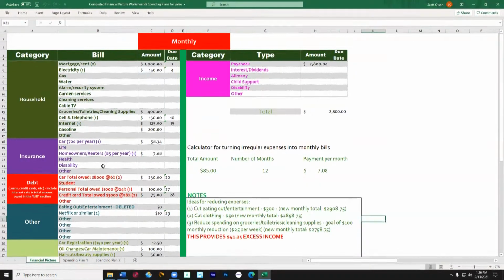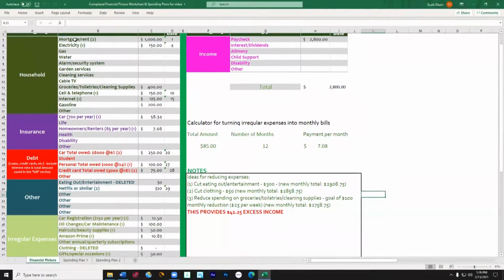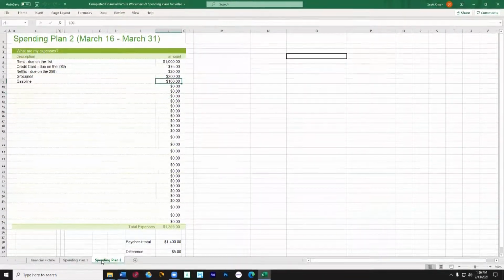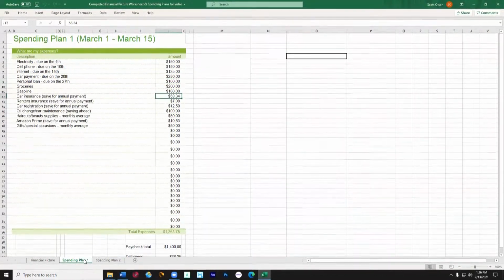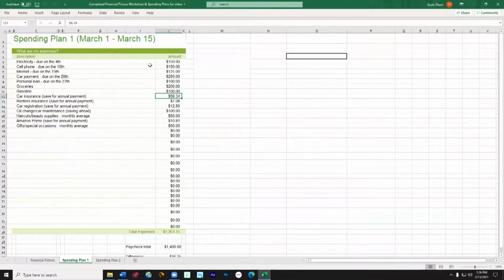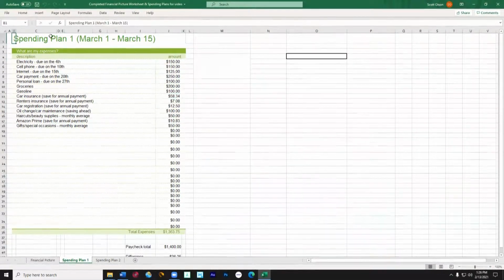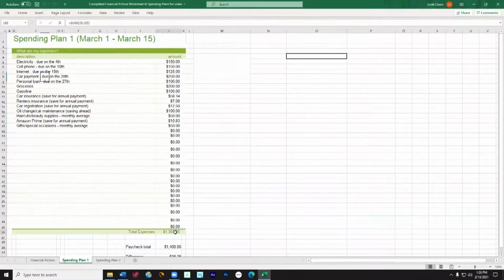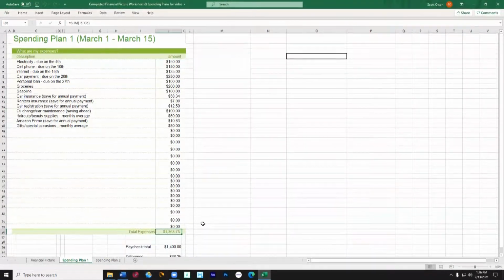So once we've been through each bill or expense on our sheet here and put it on the spending plan that it pertains to, then we can go back and see how much money we have left. All of these expenses that are listed for our first spending plan here for March 1st through March 15th total up to $1,363.75.